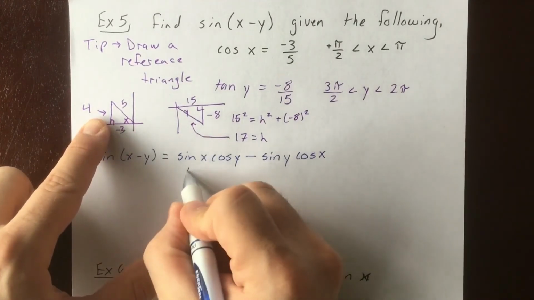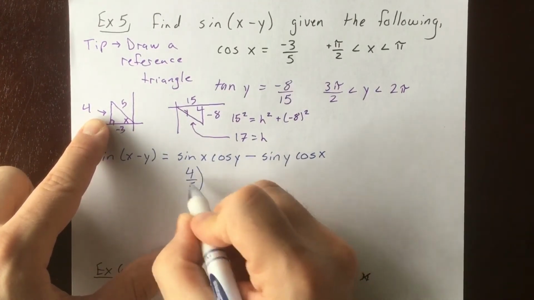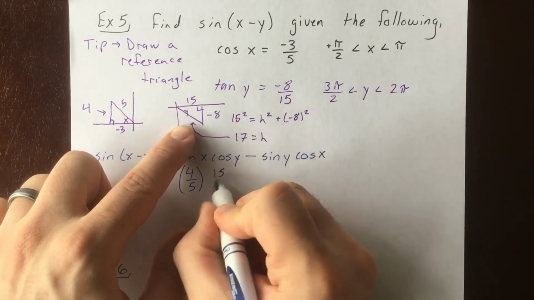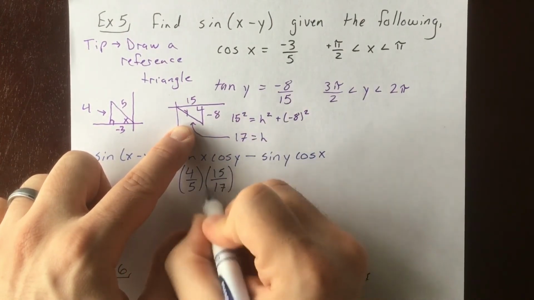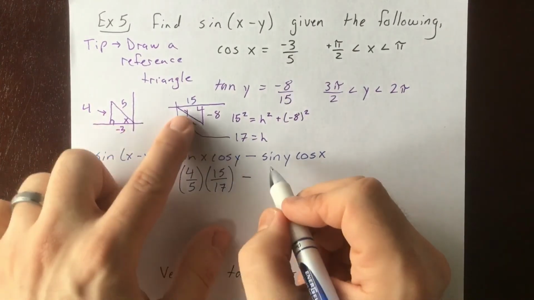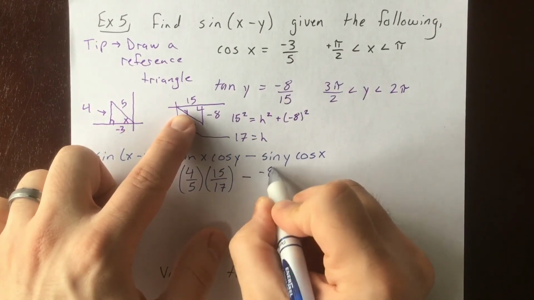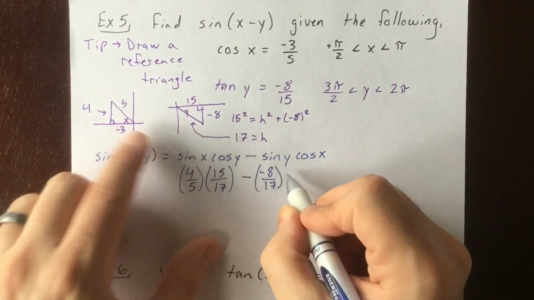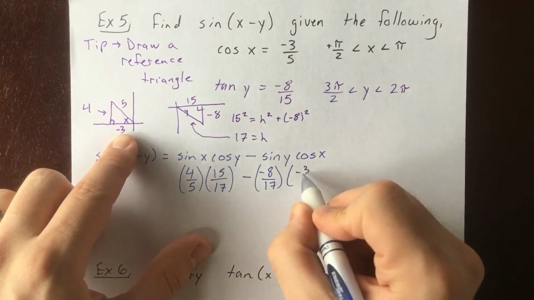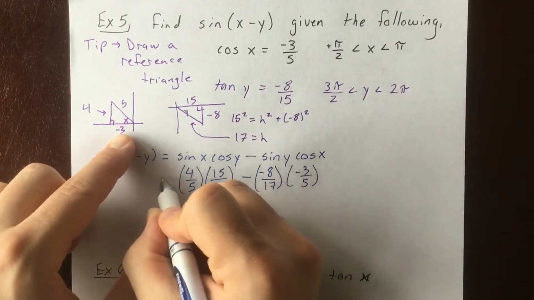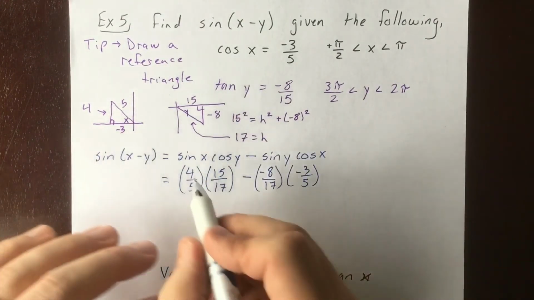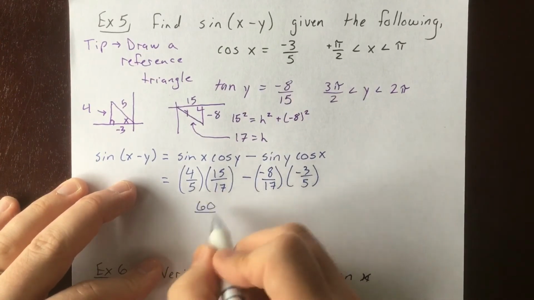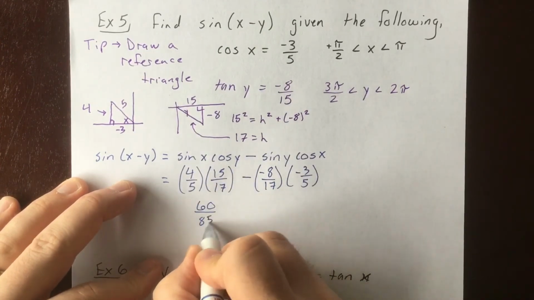Sine of x would be 4/5. Cosine of y would be 15/17. Sine of y will be -8/17. And then cosine of x is -3/5. And we simplify. So we get 60 over 85.